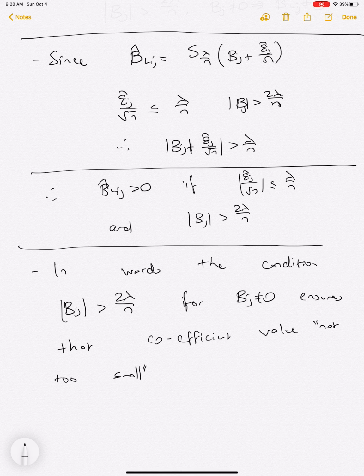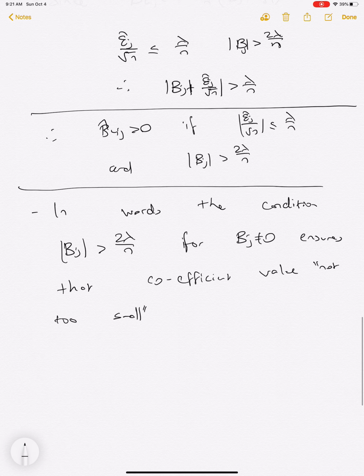It ensures that the coefficient value is not too small, because if your coefficient value is too small, it's quite natural that the noise is going to overwhelm that. And if the noise overwhelms that, you expect that the lasso will pick 0 rather than picking a non-zero value there. So if you think through it, this is quite a natural condition to expect.